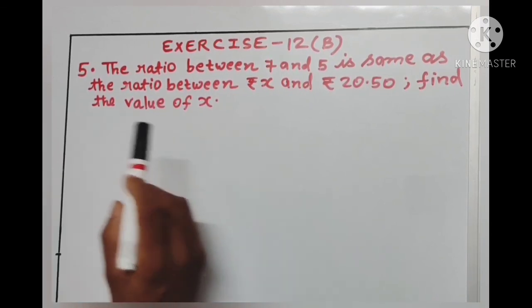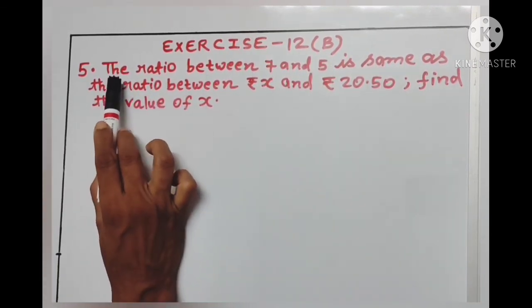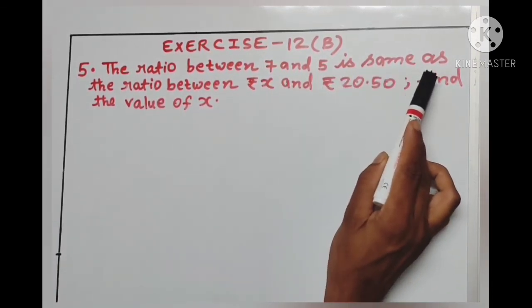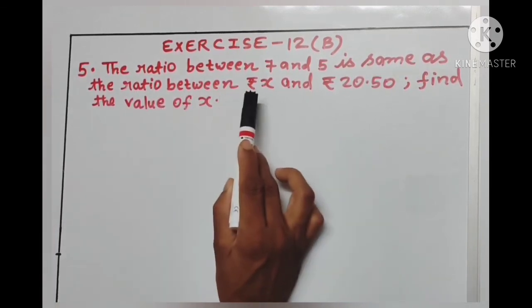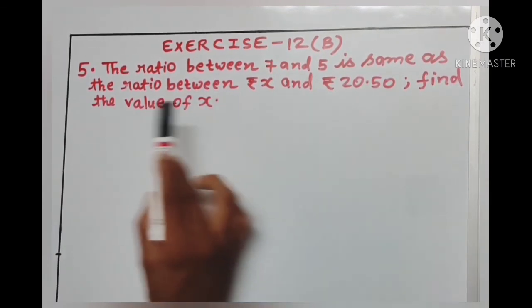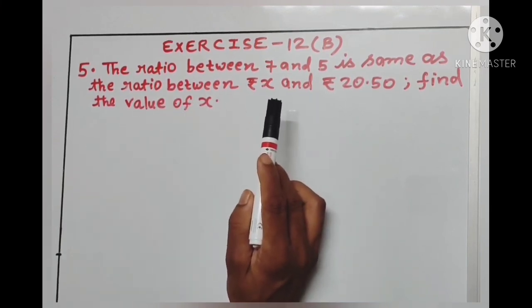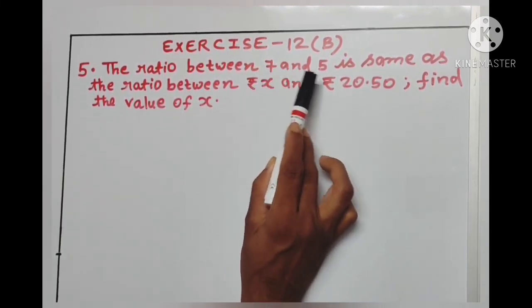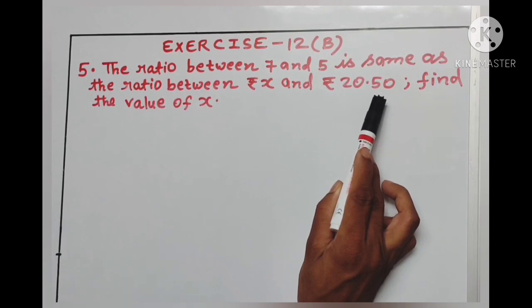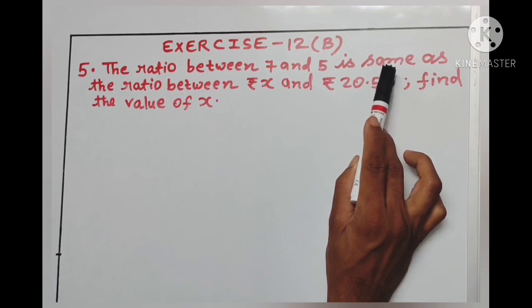Now I have written question number 5 of this exercise 12b, and it is: the ratio between 7 and 5 is the same as the ratio between rupees x and rupees 20.50. Find the value of x. So in this question, two ratios are given, the ratio between 7 and 5 and the ratio between rupees x and rupees 20.50, and both the ratios are equal.